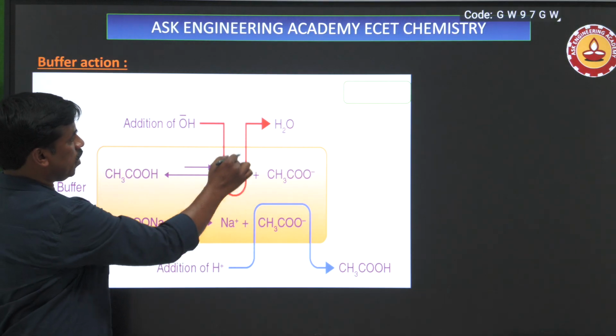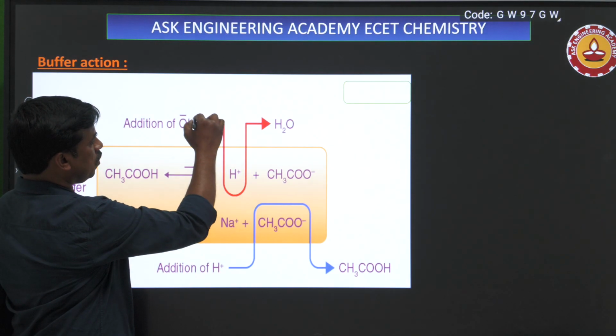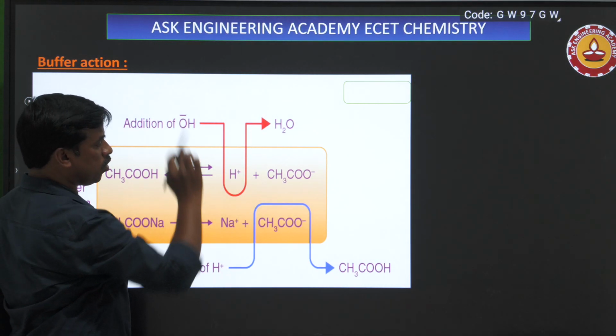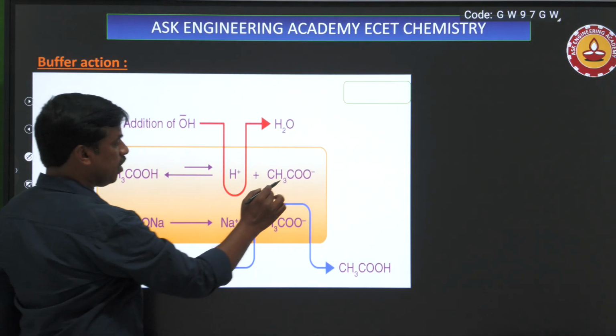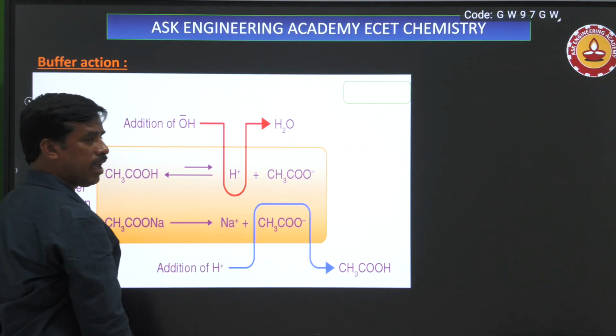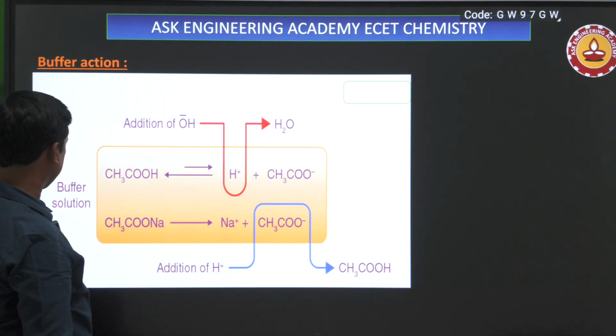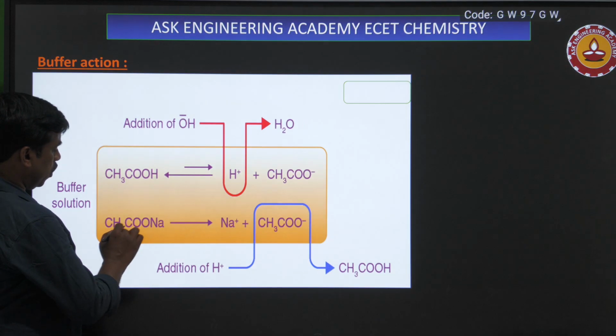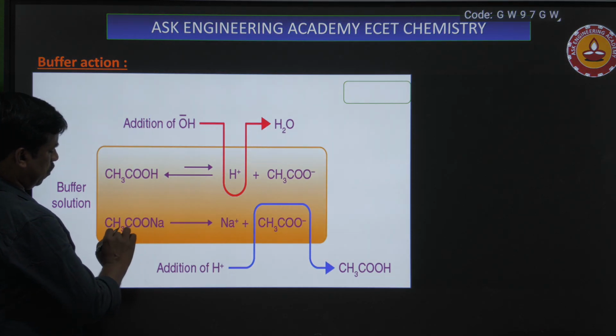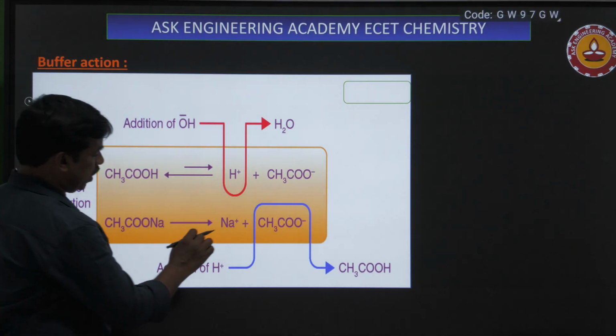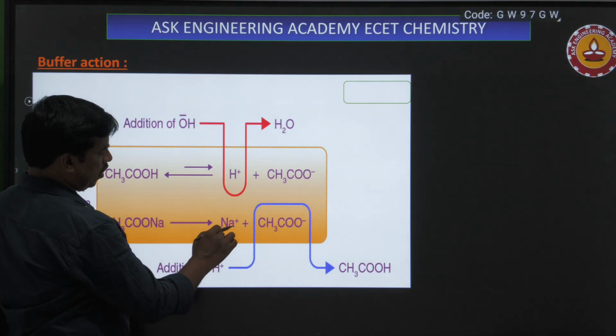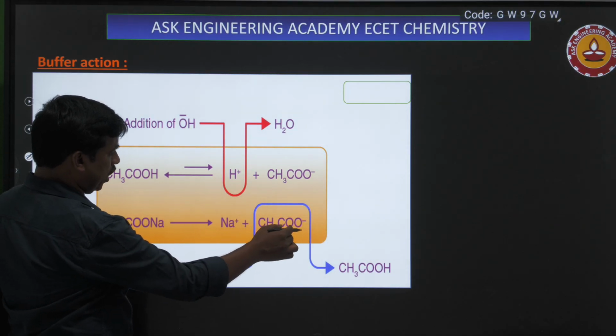Whenever OH minus is added, it combines with this H plus to produce a water molecule and releases acetate anion. Next, sodium acetate, whenever it dissociates, releases Na plus and CH3COO minus.